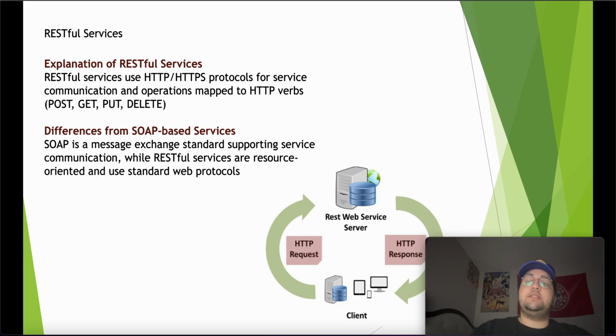It relies on stateless client server communication models, and is considered a simpler alternative to SOAP, which stands for Simple Object Access Protocol. SOAP is more of a protocol for exchanging structured information in web services.